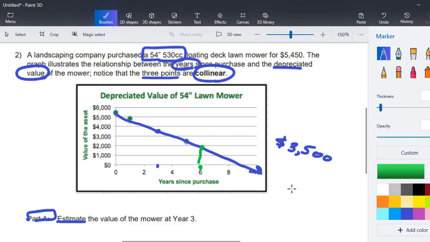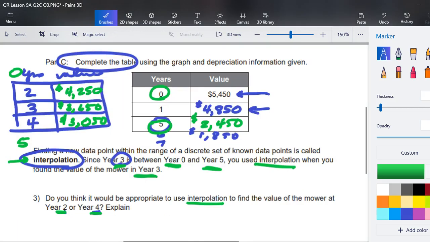Write something down, 1,900, 1,800. And then looking back at where I kept going backwards by $600, we ended up at $1,850, which is almost $2,000. So question 4 says use the graph and or previous information. So on the graph, we got somewhere up there close to $2,000. That's reasonable. And then by using our numbers, we got $1,850.